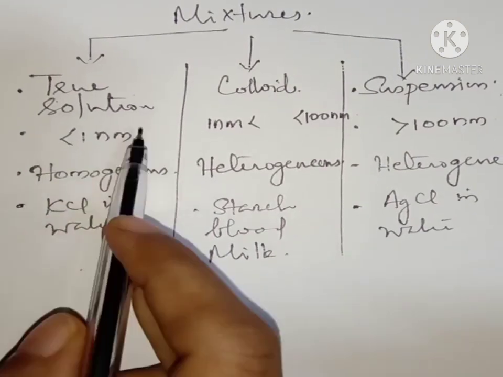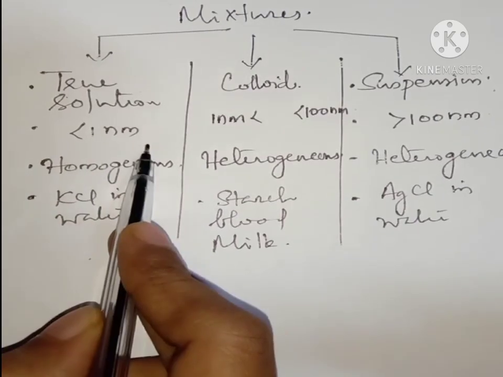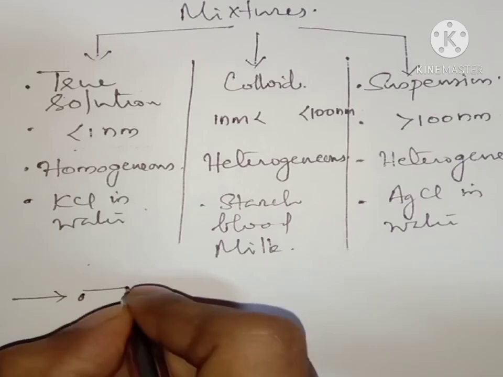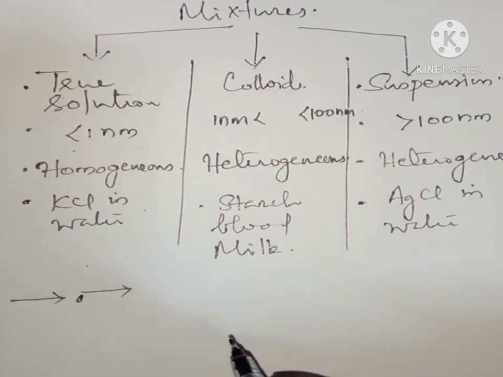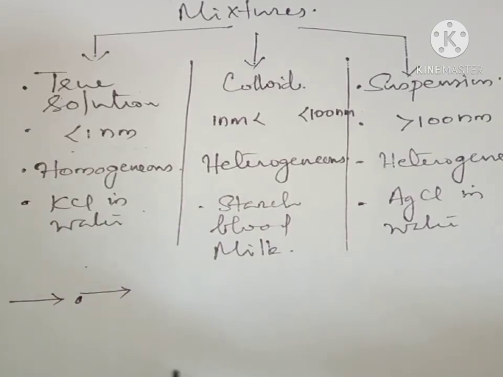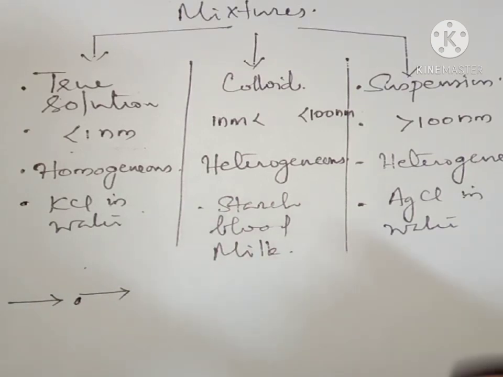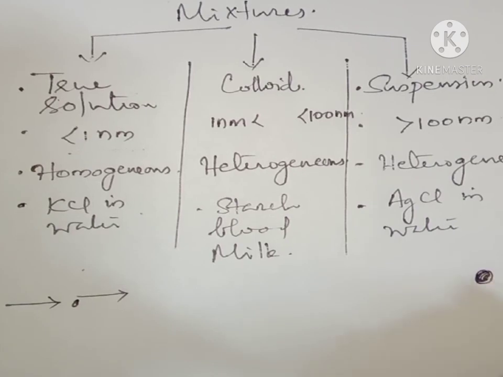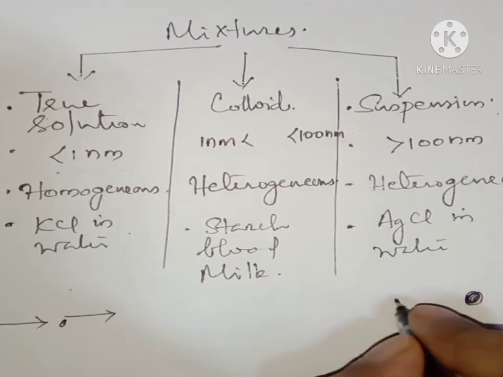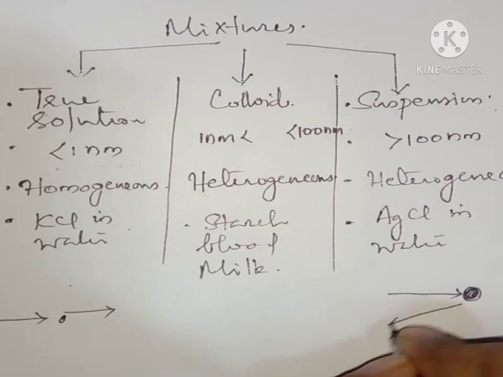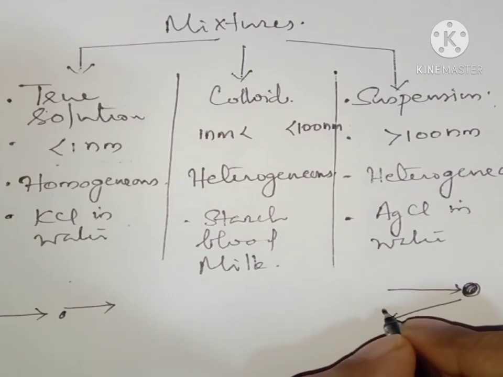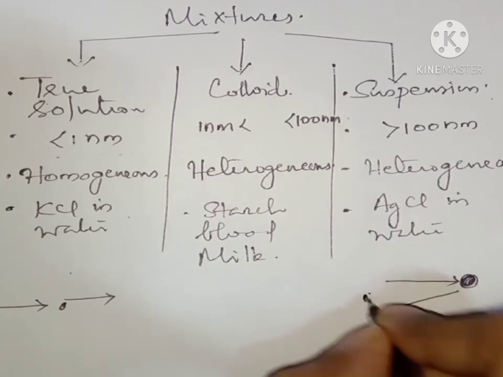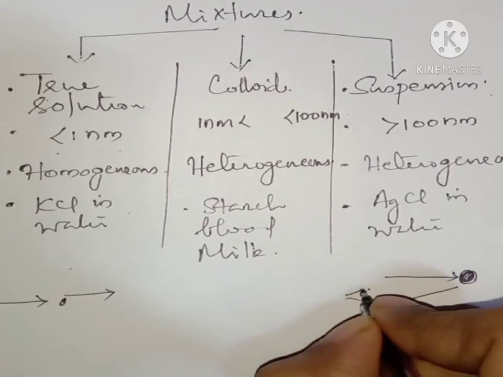Since the particle size of true solution is very less, it cannot scatter light. So the path of the light is not visible. Coming to suspension, particle size is very large. Since the size is very large, it scatters light.